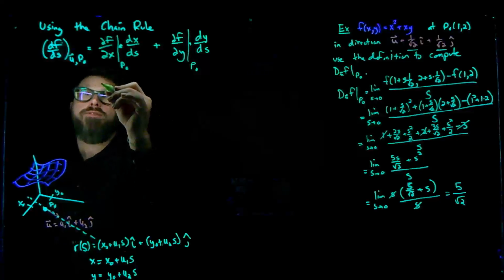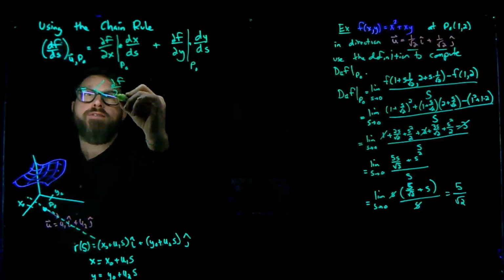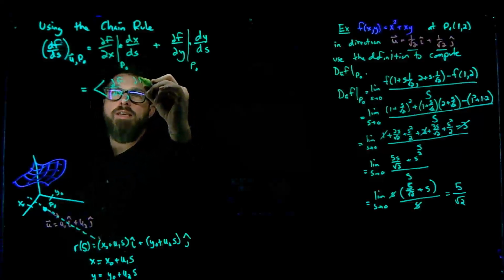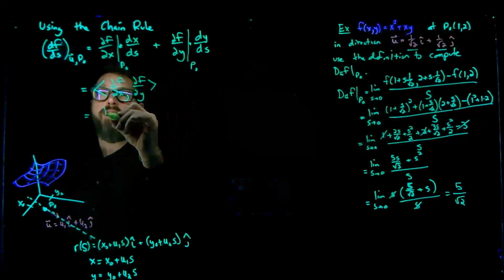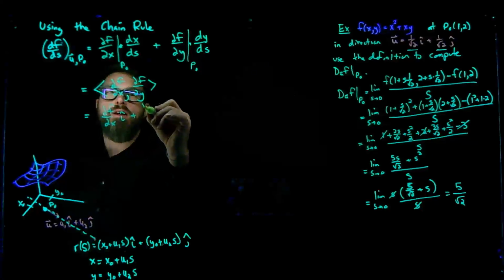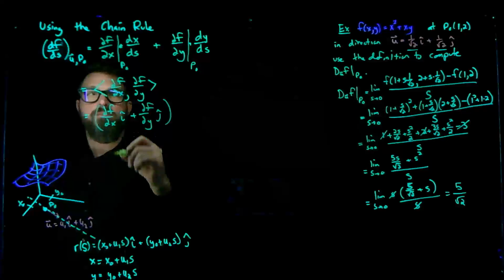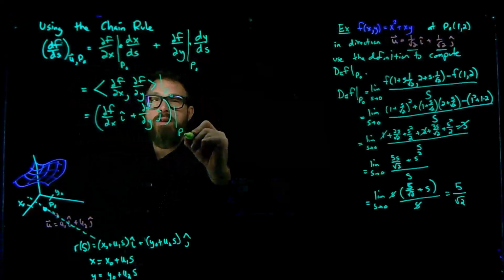I'm going to write this in this way. One I have, df dx, comma, df dy, or if you like the ijk form, I can say df dx i plus df dy j. And this is going to be evaluated at p naught.